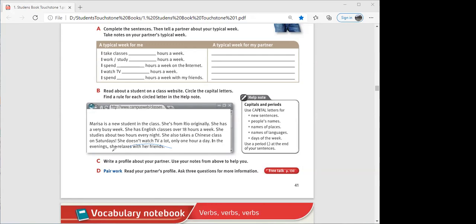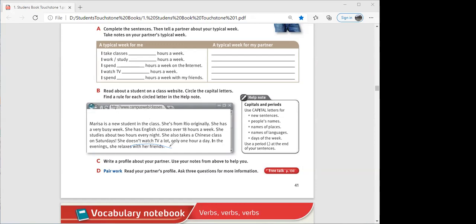Okay, last part. She relaxes with her friends. No. She relaxes with her friends. With termina en TH, ¿verdad? Entonces la lengua va como entre los dientes. With her friends. Good.